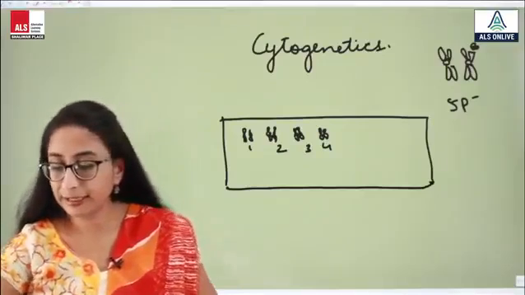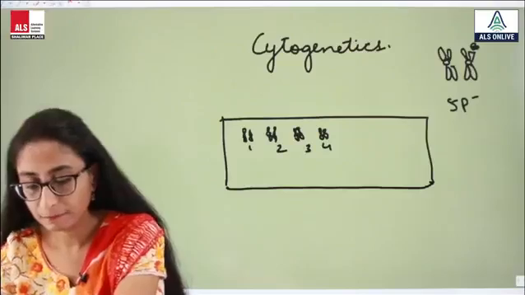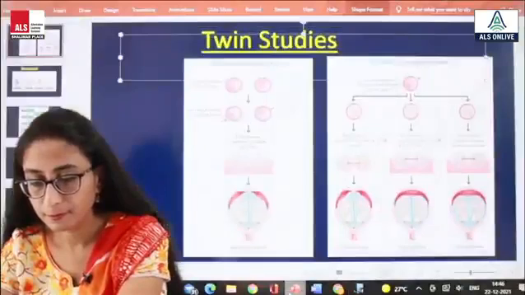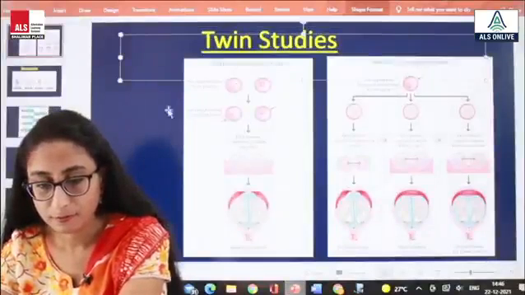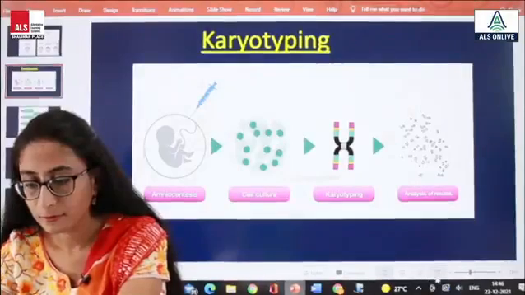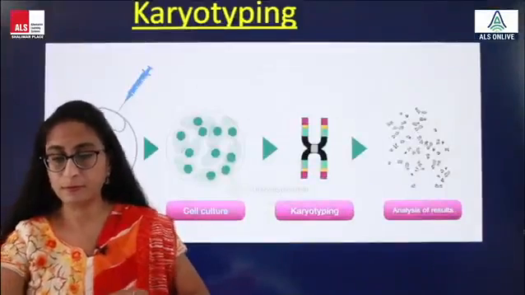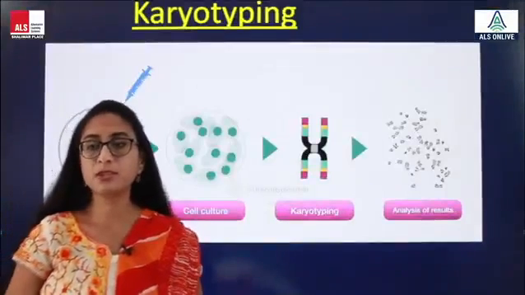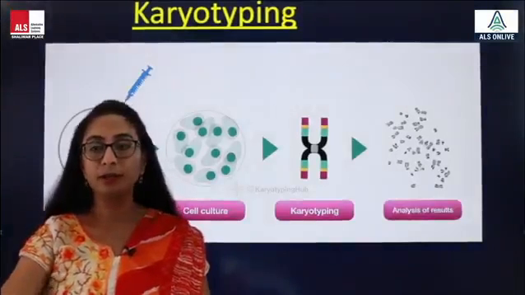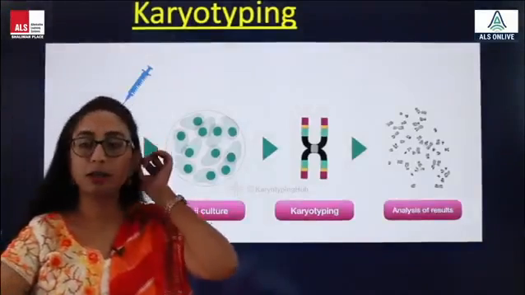So how do we exactly do this? I will show you some pictures. That's not clear. I have already shared these pictures on WhatsApp. So in case the picture is not clear here, you can check your mobile.